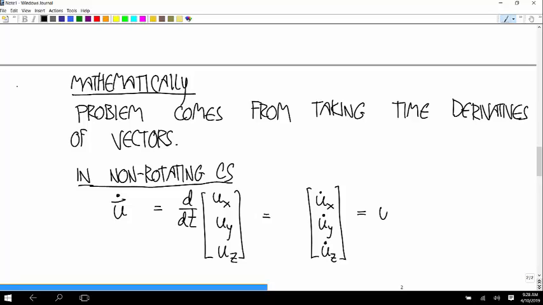And you can rewrite this as ux dot times i plus uy dot times j plus uz dot times k. It's just another way of writing it. Okay.